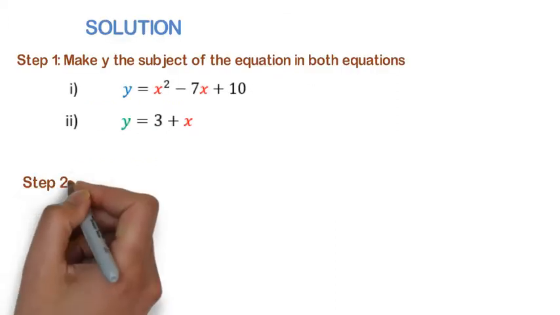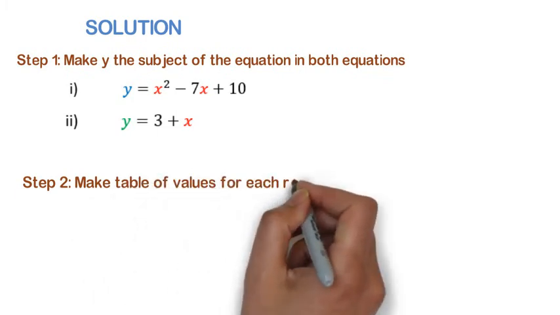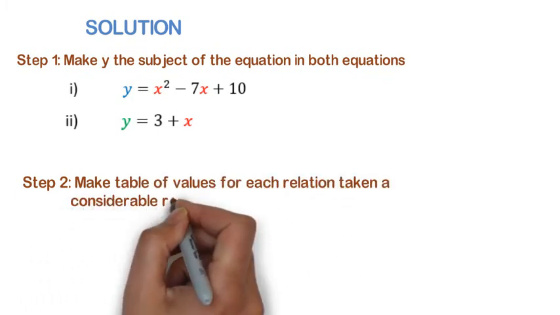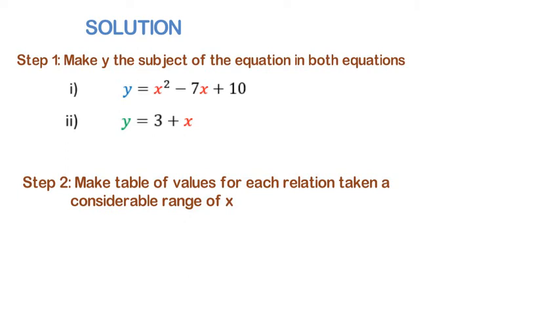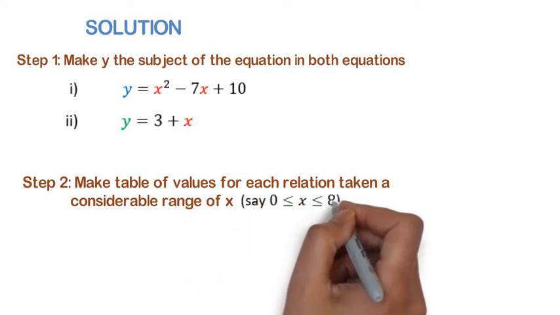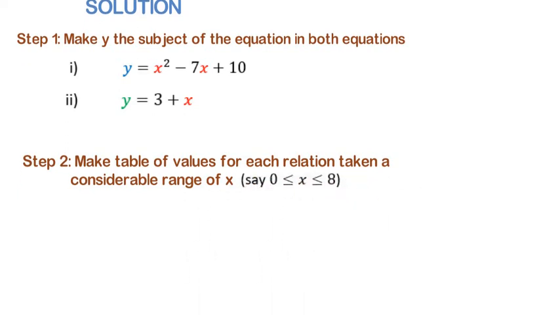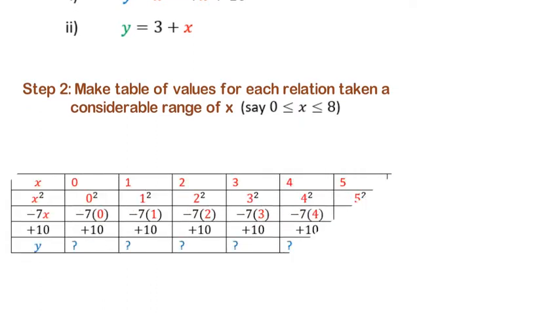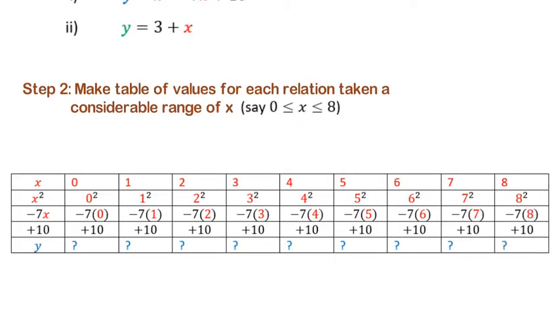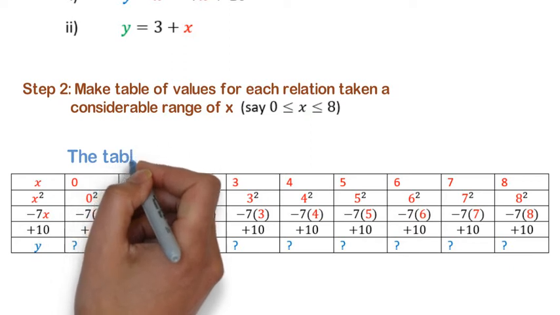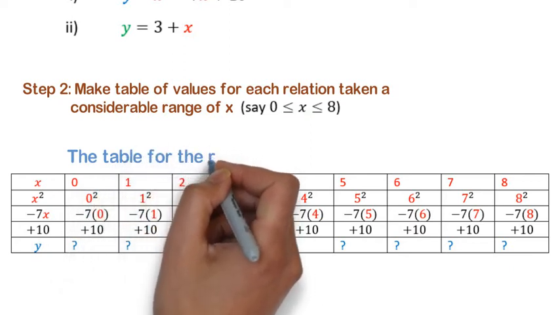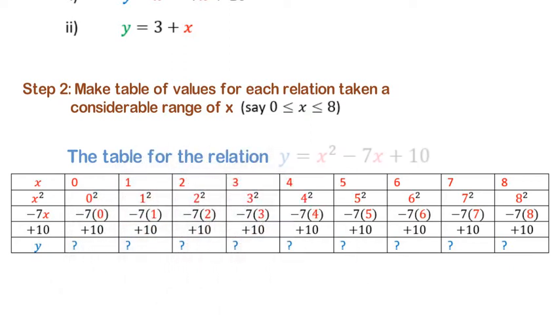Step 2. Make a table of values for each relation, taking a considerable range of x, say from 0 to 8. We have initially learned how to plot quadratic graphs and straight line graphs, so I implore you, go back to your notes and learn more if you don't know how to make a table of values.